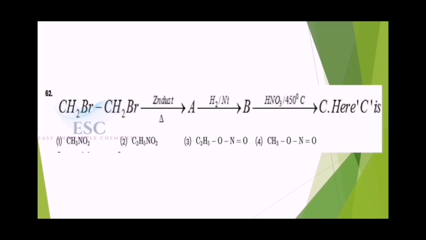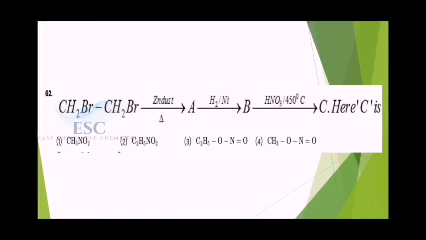The 62nd question is: 1,2-dibromoethane reacts with zinc dust at high temperature to form A, where A reacts with hydrogen in the presence of nickel to form B, where B reacts with nitric acid at 450 degrees centigrade to form C. So what is C here?